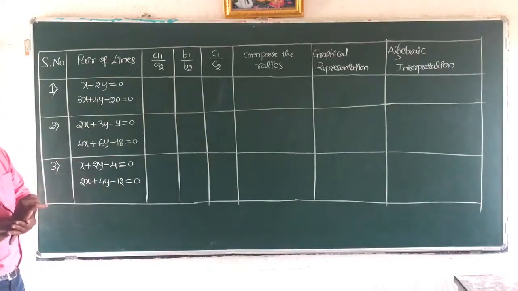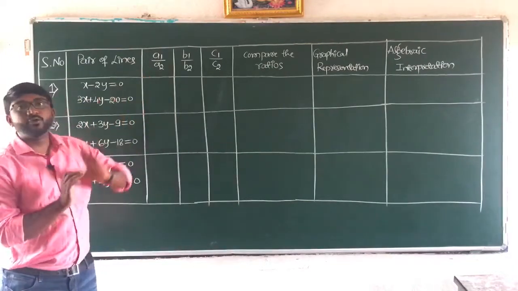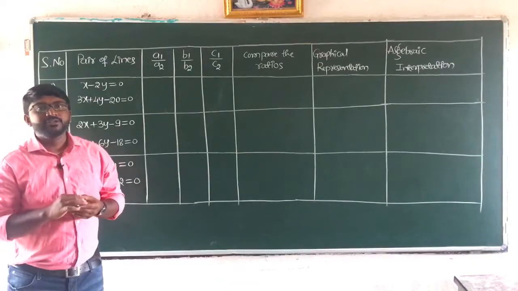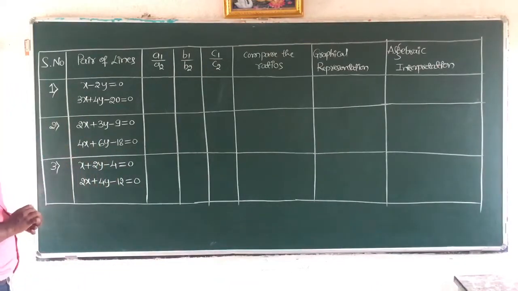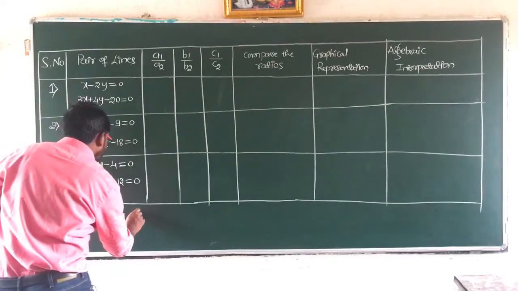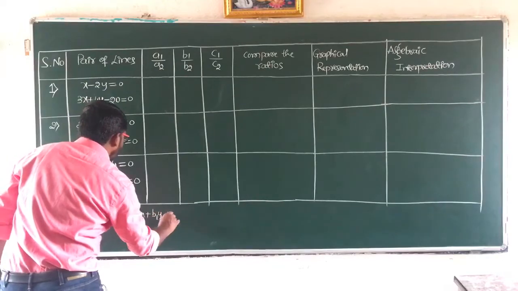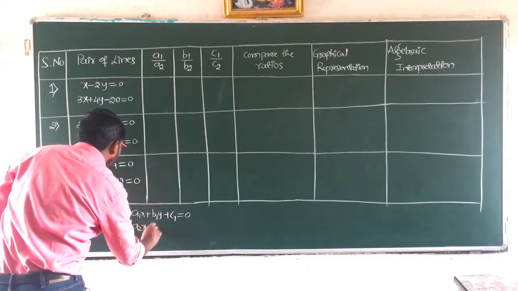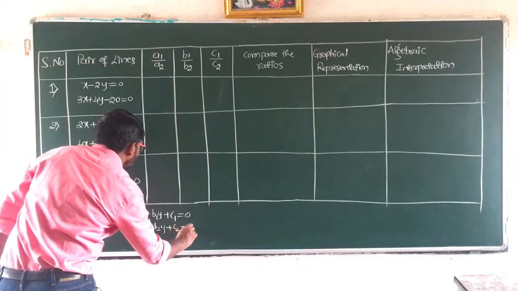Now we'll go for the ratios of their coefficients: a1 by a2, b1 by b2, c1 by c2. In the first class I discussed the general form of a pair of linear equations in two variables: a1x plus b1y plus c1 equal to 0, and a2x plus b2y plus c2 equal to 0.